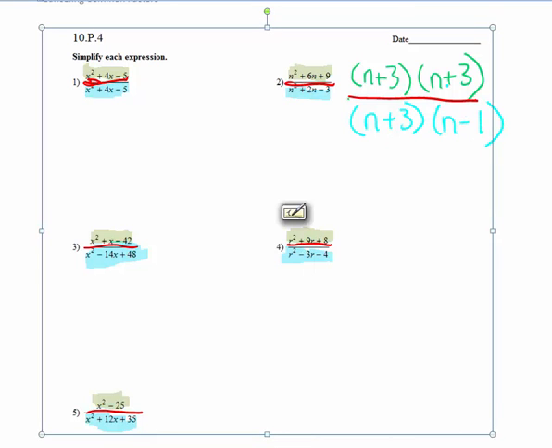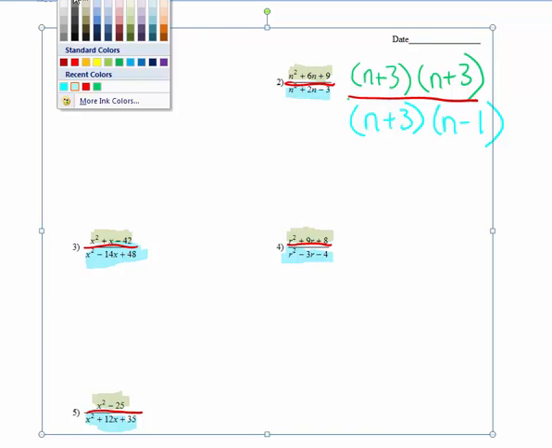If you check, if you multiply the top two together, n plus 3 times n plus 3, you'll get back to this trinomial right here. And if you multiply the bottom together, n plus 3 times n minus 1, you'll get back to what's in blue here, n to the second power plus 2n minus 3.